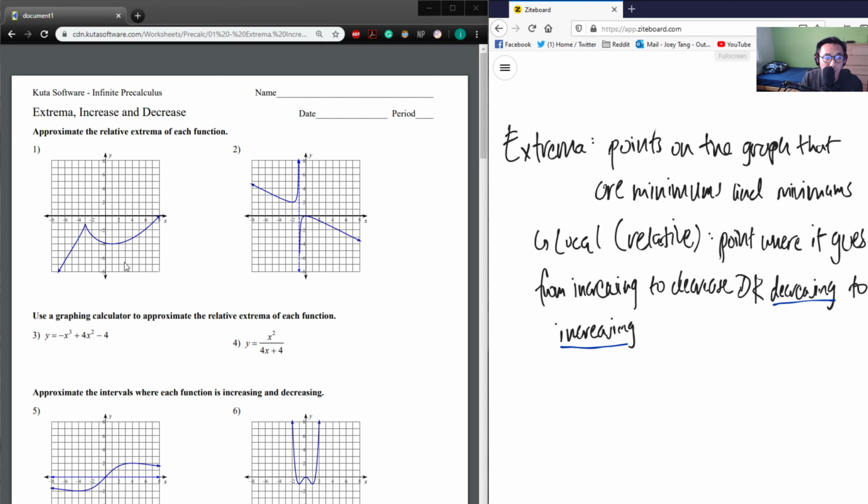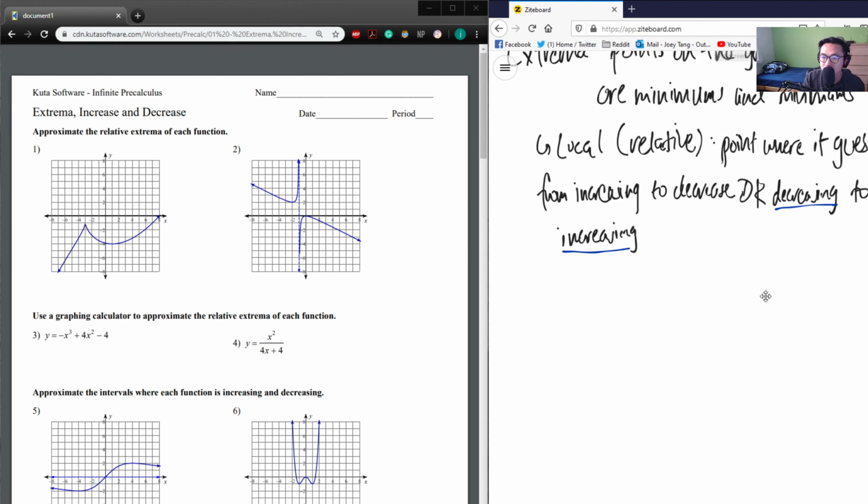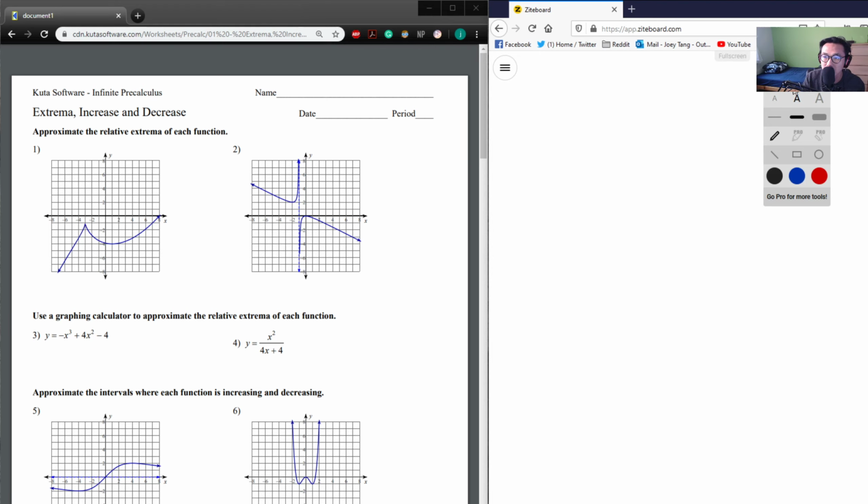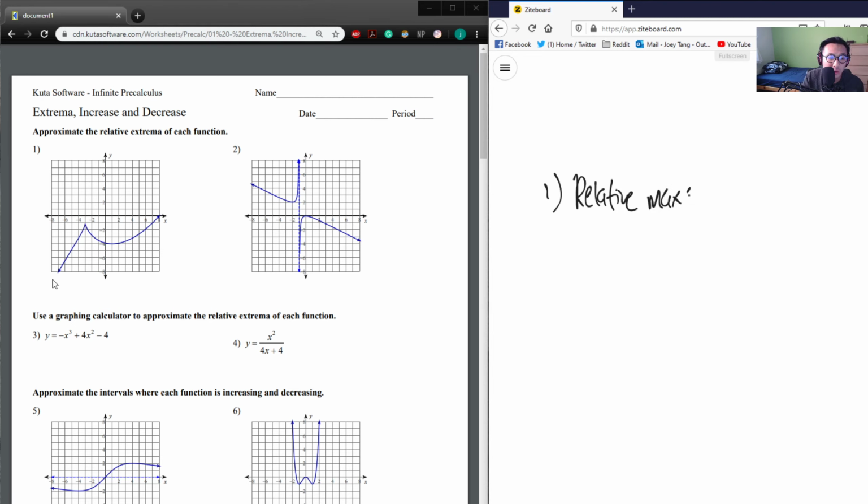So what we have here is for question 1, I'm going to write this down here. Let me scroll down for a bit first. So this was question 1. For question 1 here, we have a local or relative maximum. Our relative maximum was this point here, because it was going from increasing to decreasing.